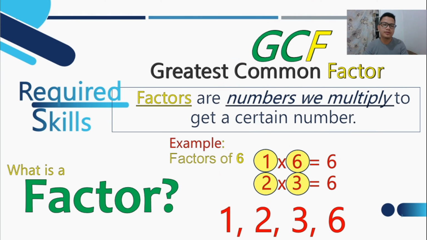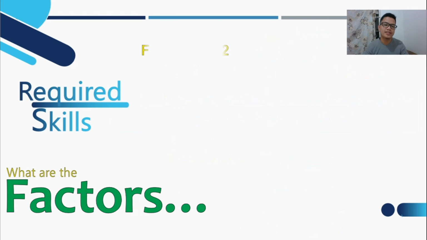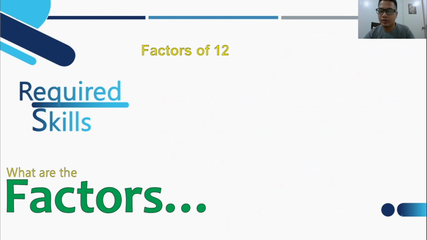Okay? So now, did you get it? If not, then I'll give you more examples. How about factors of 12? I'll give you 10 seconds to think of all the possible pairs of numbers whose product is 12.